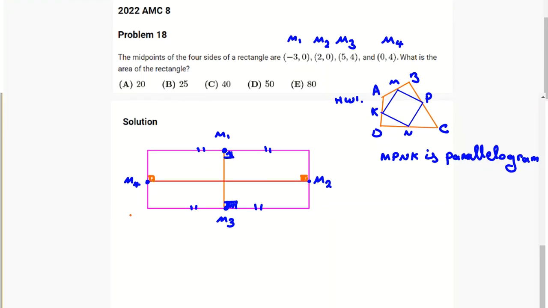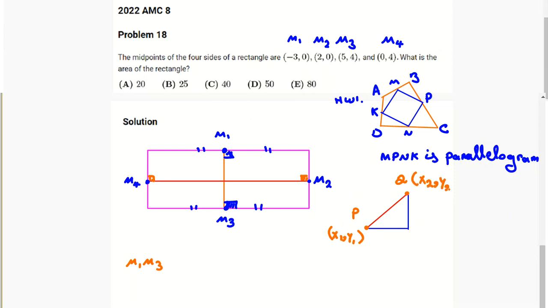So how can we find the distance of M1M3? If we have 2 points, for example, suppose P and Q. This is important in coordinate geometry. If you want to know the distance between P and Q, you can draw this. And suppose coordinates are x1, y1, x2, y2.